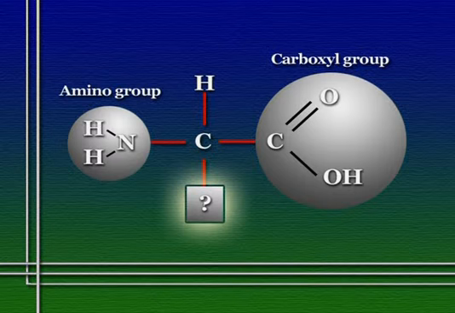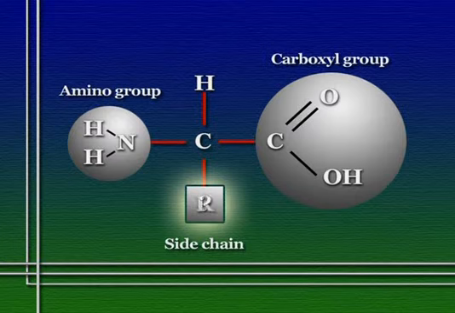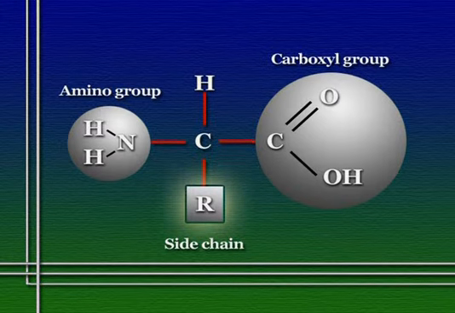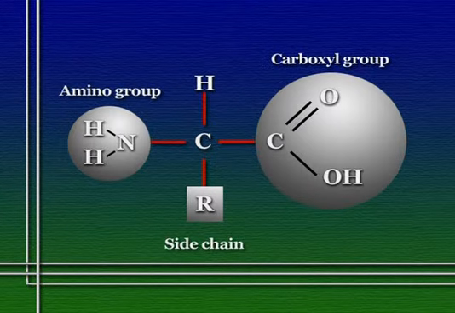This variable part of the amino acid is known as the side chain. It's also sometimes called the R group because when you're drawing a generic amino acid, you often would just put an R there instead of whatever particular chemical structure might actually be found there. There are 20 different amino acids that are found in living things, each characterized by a different side chain.